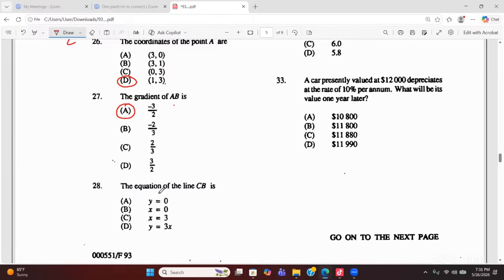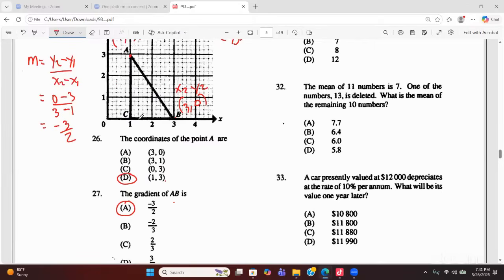Question 28. The equation of CB. So go back and look at what CB is. This is C and this is B. This is the y-axis. The x-axis is y equals 0. A lot of people think the x-axis is x equals 0. It's not.